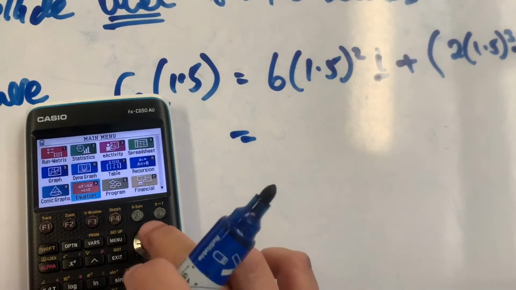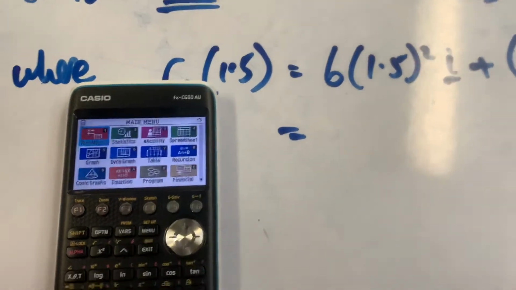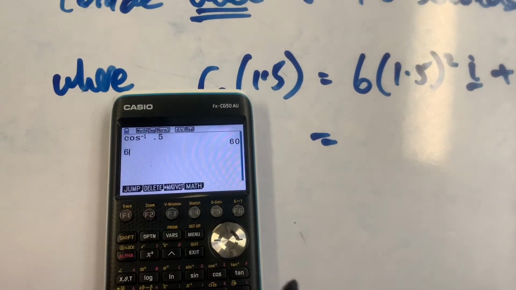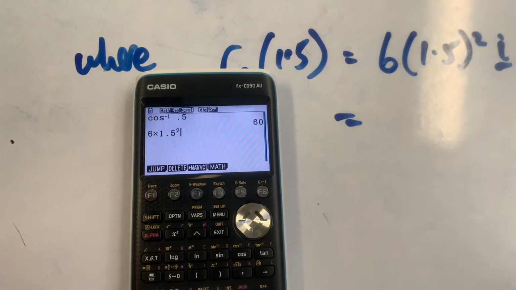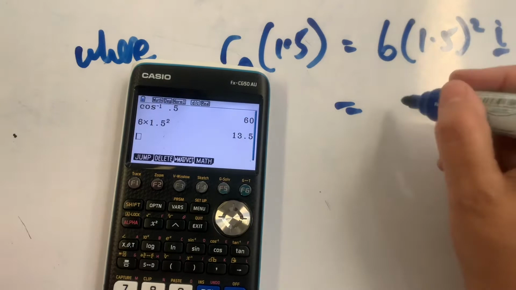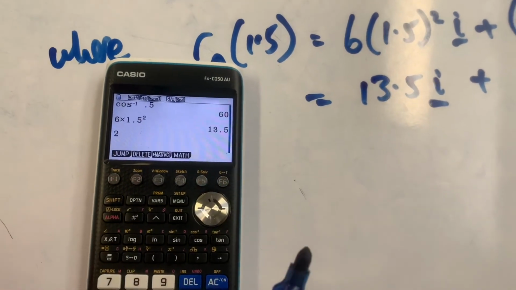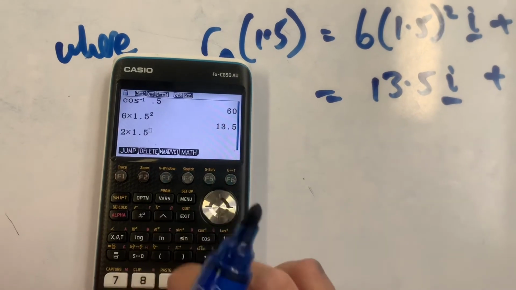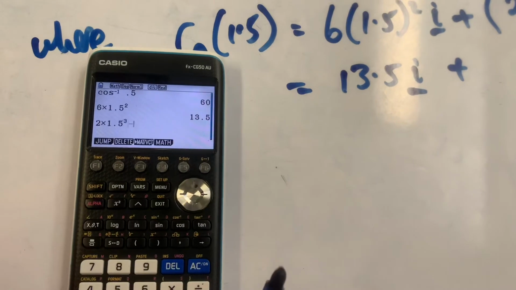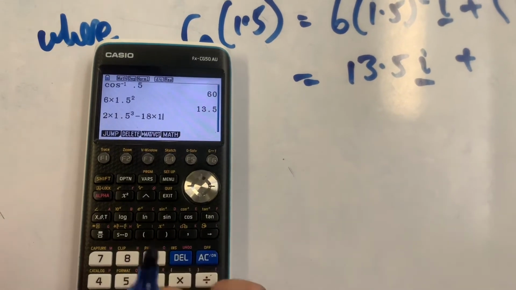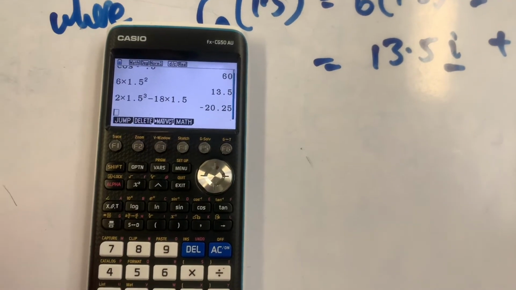I need to go menu, back up to my regular, oops, run mat. So 6 times 1.5 squared equals 13.5 i. 2 times 1.5 cubed take away 18 times 1.5 is negative 20.25 j.